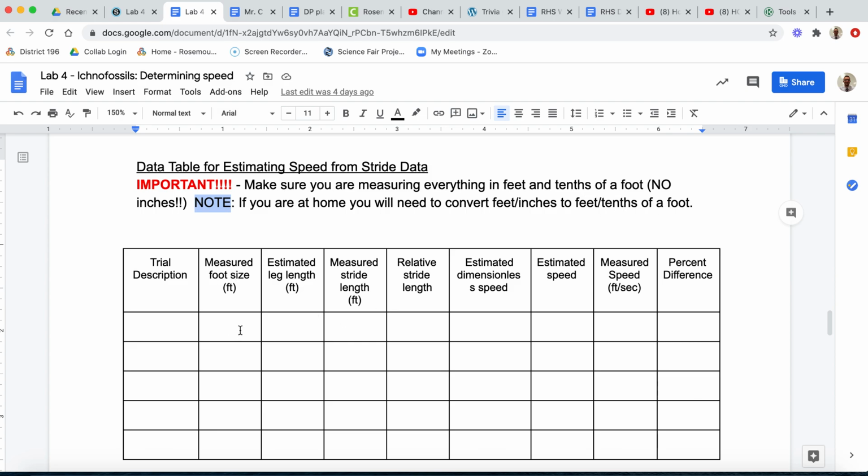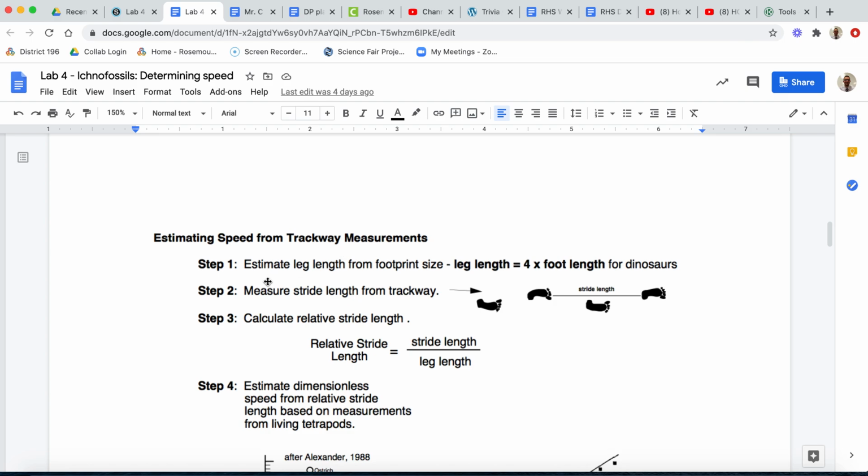Okay, so measure your foot size. Then you need to measure your leg length, from your hip socket all the way down to your foot. That is going to remain constant for all of these different trials unless it's a different person. Then you're going to measure your stride length in the trackway.